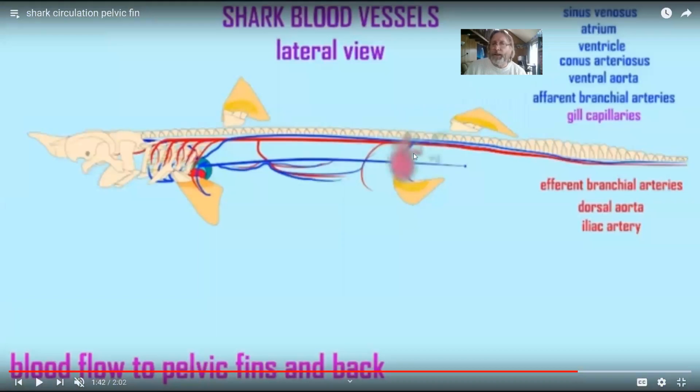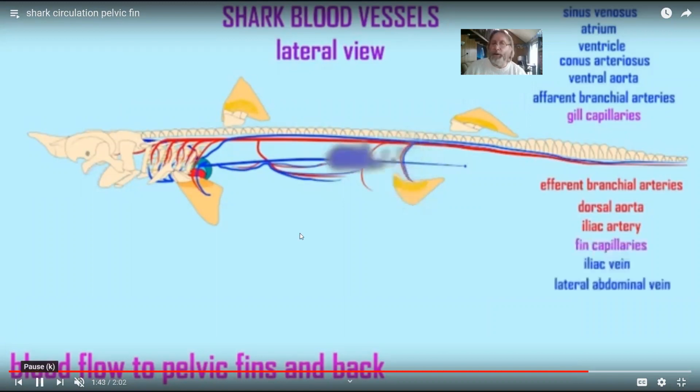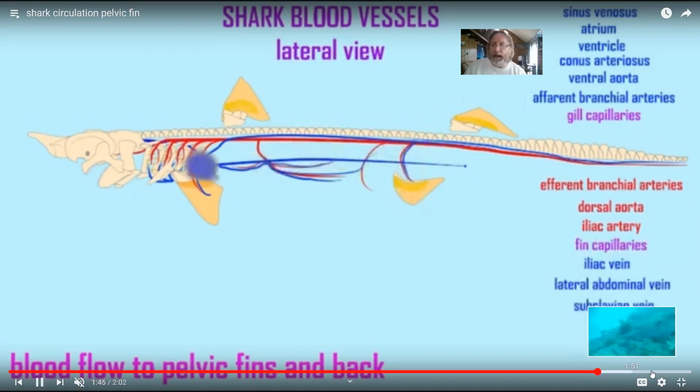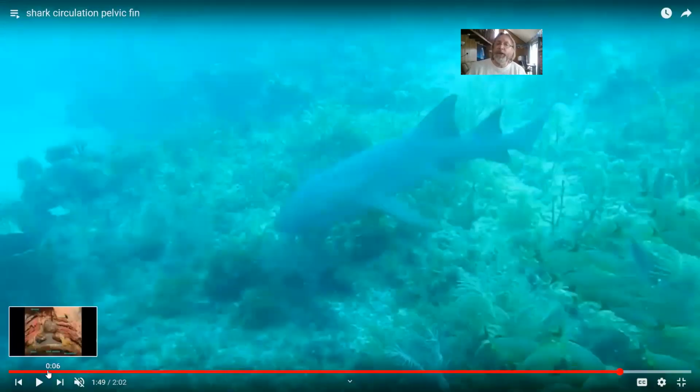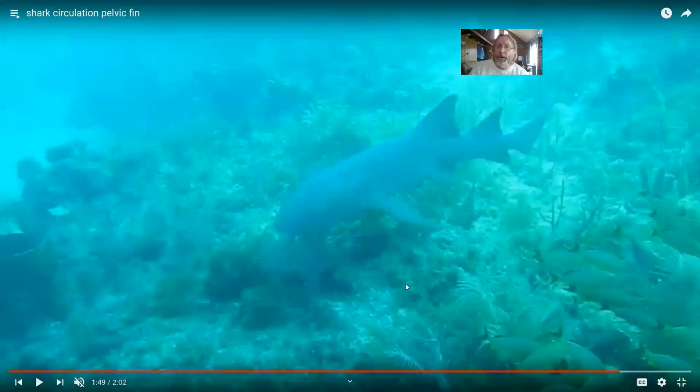So from the dorsal aorta, an iliac artery. We use the same terminology for the artery in the region of the hip in humans, one of the hip bones being the ilium. So the iliac artery then reaches the pelvic fin. There are capillaries, and the iliac vein returns it to the lateral abdominal vein, which will then enter the cardinal vein system, which once again are veins which fish have, but also are even present in human embryos.